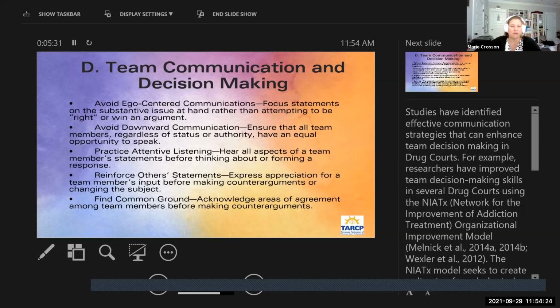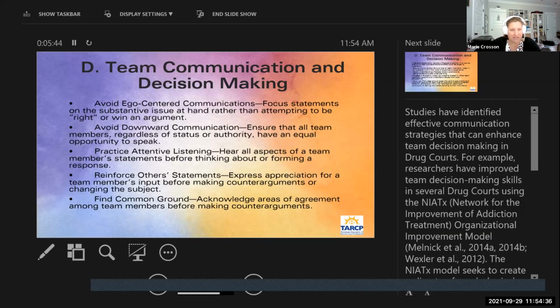Communications aren't ego-centered. Think about the purpose, the reason that you're there, and what you have to bring, instead of trying to win, trying to make your idea the best. Make sure that everyone on the team, no matter what their participation is on the team, has an equal opportunity to have their say.